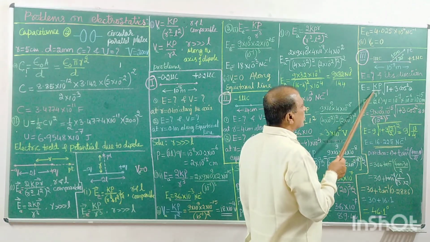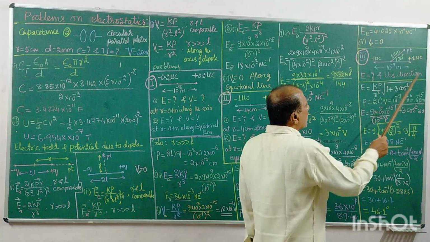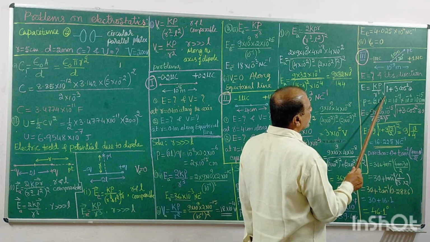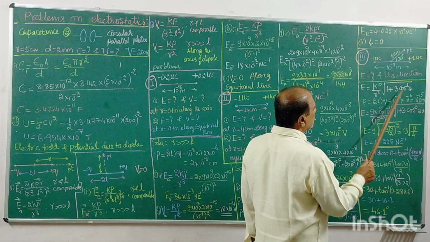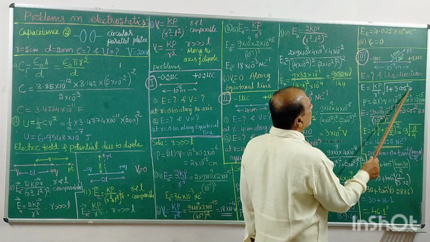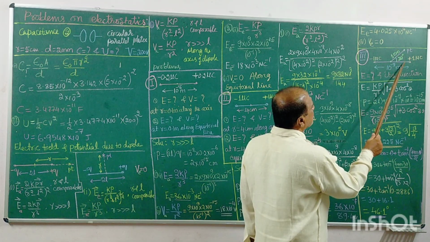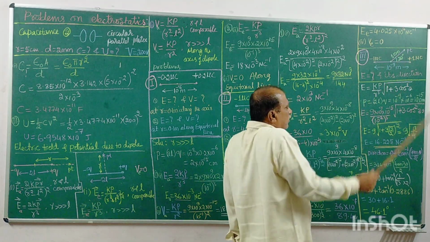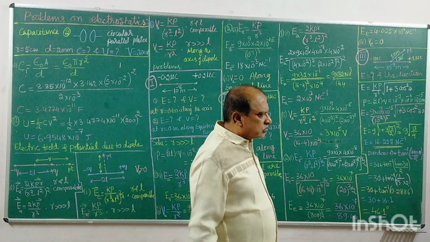It is Kp divided by r cube into square root of 1 plus 3 cos square theta. What is theta? The angle between this line and this line. Again r value, p value, k value are given in the data.